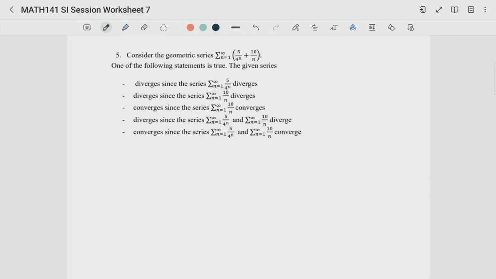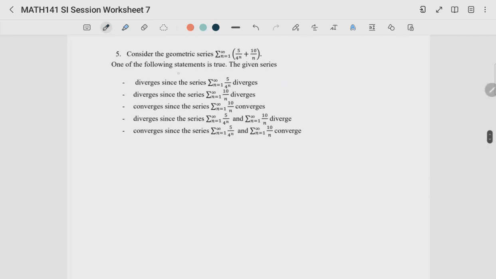Rather, not the sum of two geometric series, but it's an overall series that's just the sum of two individual series. And we are asked to check which one of the following statements here is true. It all pertains to the convergence of the series, so we have to basically check the convergence of the series.